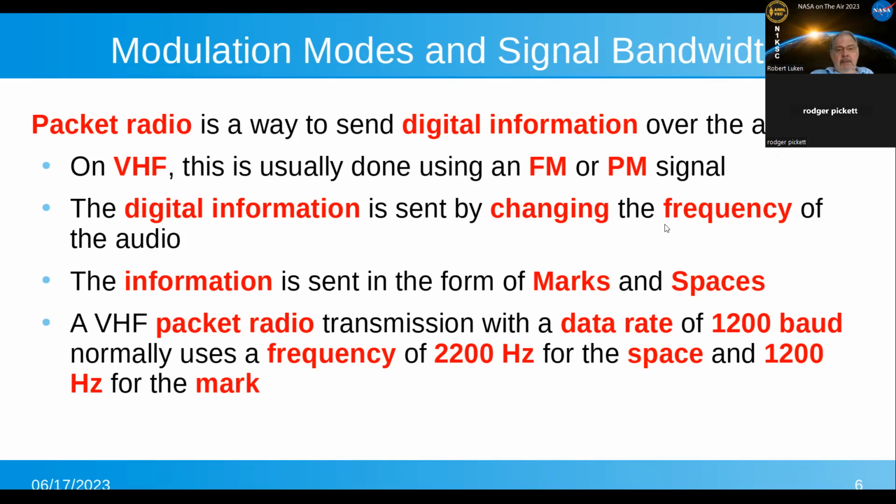It's just changing the frequency. They started calling the ones and zeros marks and spaces. So a mark would be 1200 hertz, and a space is 2200 hertz. So they use two different frequencies, which makes it easier to detect. You just need to be able to recognize one frequency or the other.